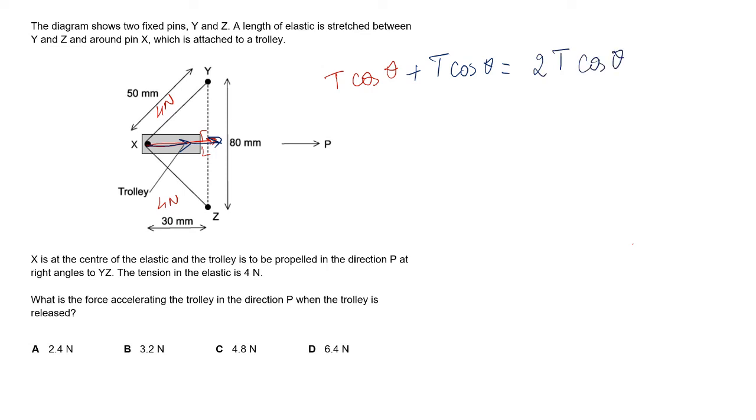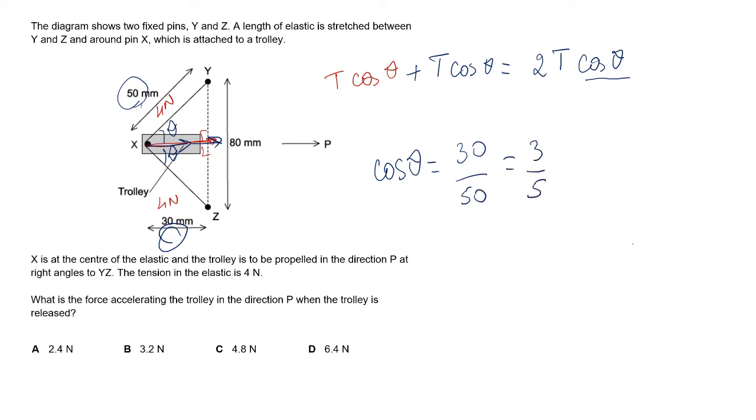Now I know that the tension force is equal to 4 Newton, but I don't know the cosine theta. Our angle will be here. So cosine theta will be equal to, we know the length of the adjacent side, they give us 30 millimeter here. And also we know that the hypotenuse is equal to 50 millimeter. So 30 over 50, 3/5.